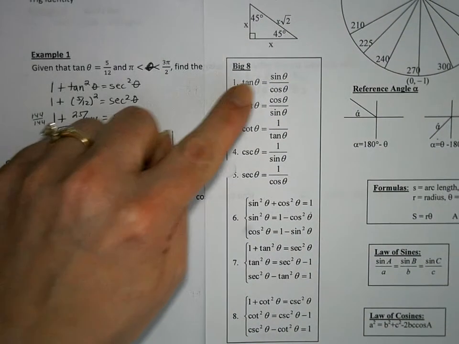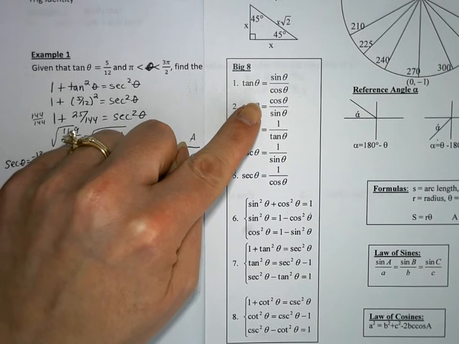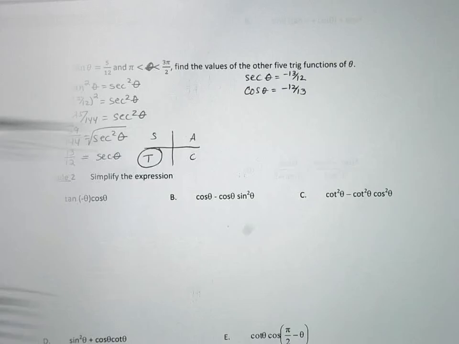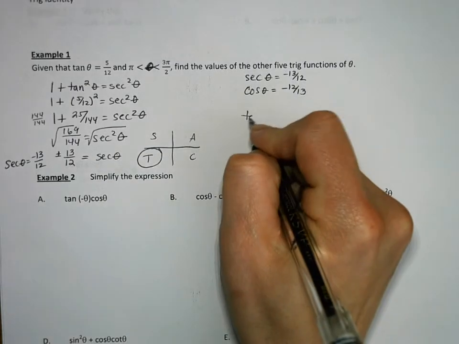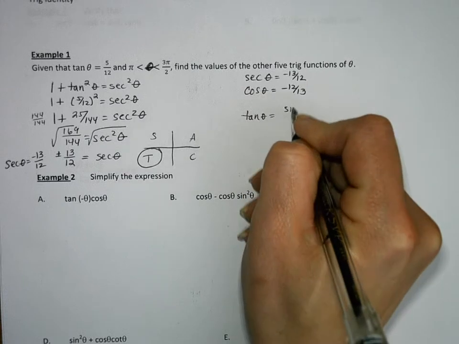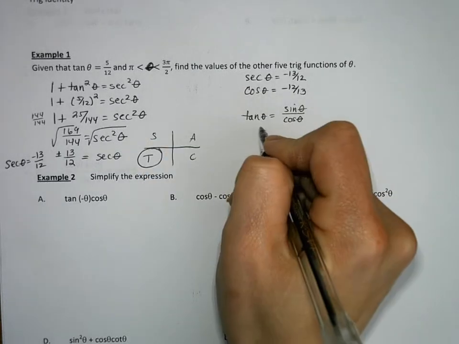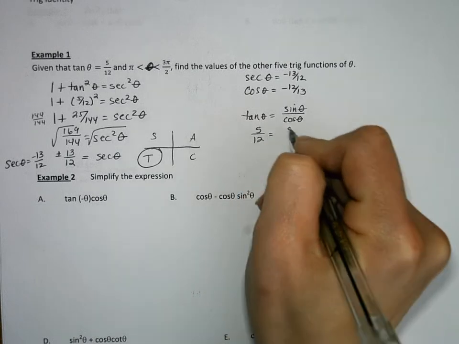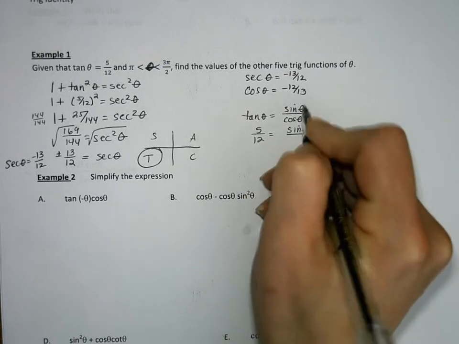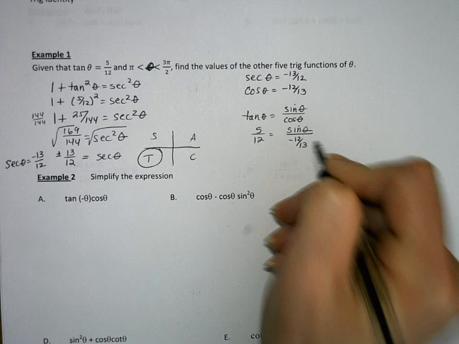We know that tangent is sine over cosine, correct? Well, the tangent is 5/12 equal to the sine over a cosine, which is negative 12/13.